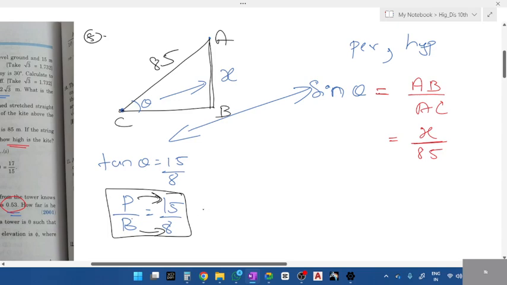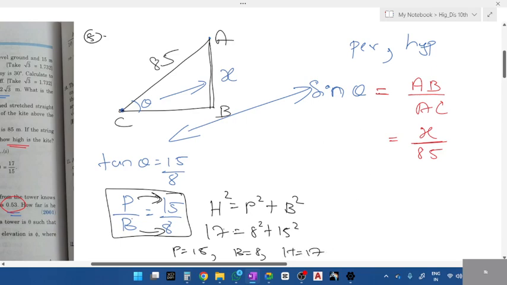What is missing? Calculate, all of you calculate. Tell me the hypotenuse value. 17, 8, 15, 17, right? Hypotenuse is 17. So we have three values. What are the three values? Perpendicular is 15, base is 8, and hypotenuse is 17.